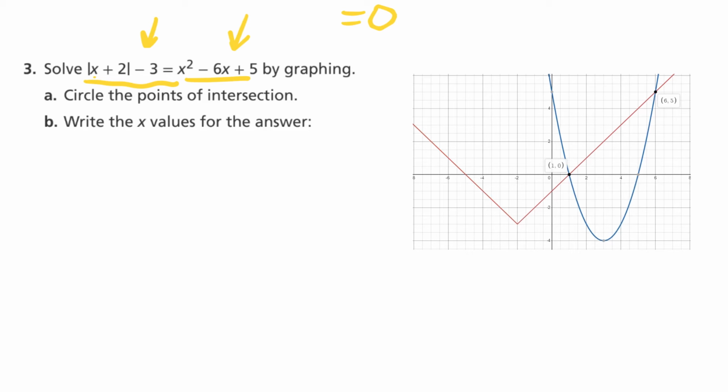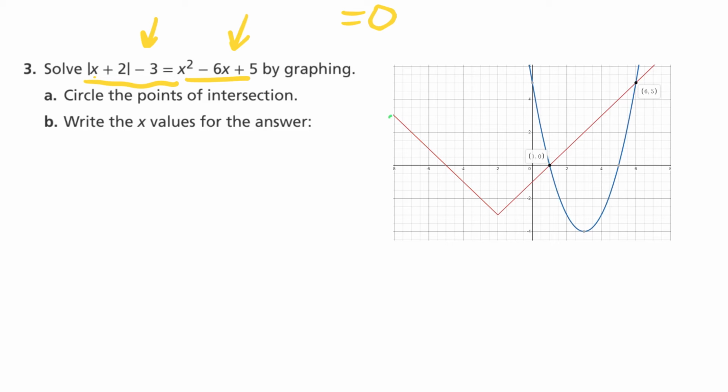Remember, these are the output values of the function. This red line is a list of input-output values. So when, for instance, -2 comes in, -3 is going to come out of this equation. That is our input, -2, output, -3. So when these two equations are equal, what we're looking for is when their y's are the same.